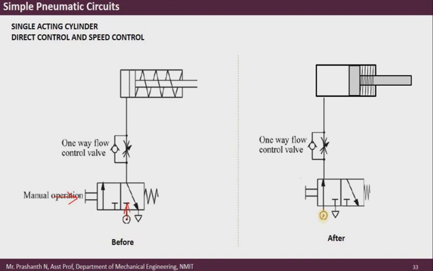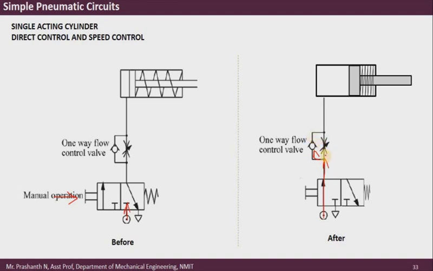Now the air can move from the input, that is from the compressor. Air will also move towards this side, but on that side you have a check valve, so the air will push against the ball. The poppet valve, basically this ball, will be pressed against the seat of the valve, so the air will not be able to pass through that.